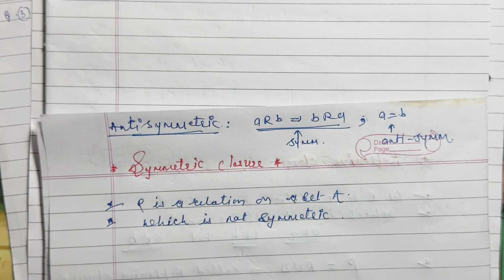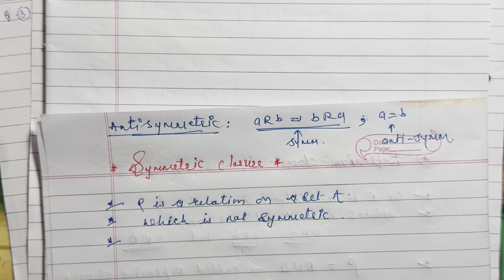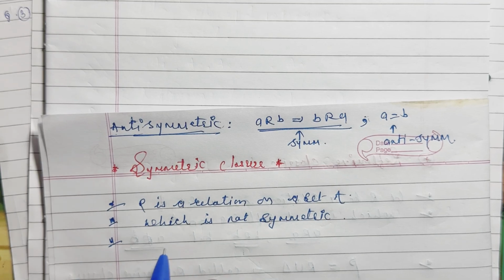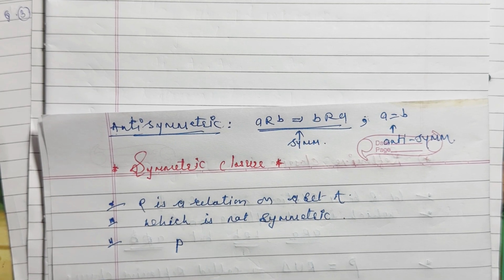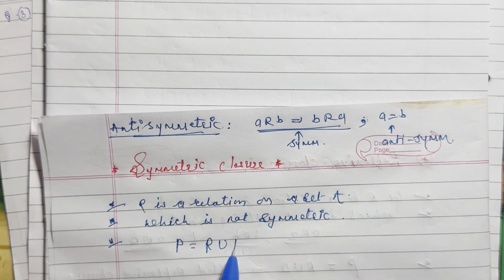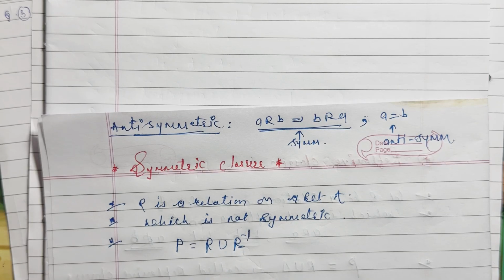Now what do we do in such a case? We define a new relation, like we did for the reflexivity property. I'm defining a new relation here, set P. Consider P as R union R inverse.